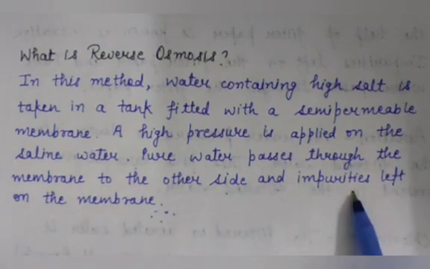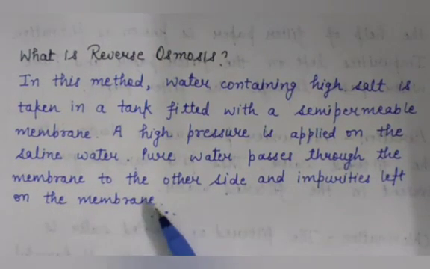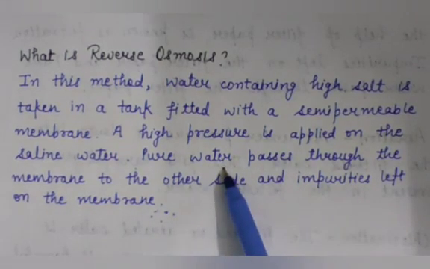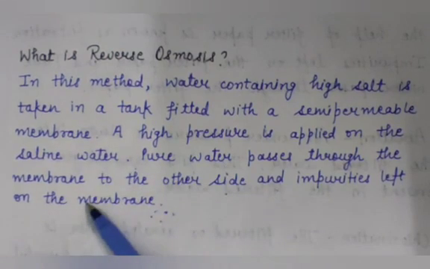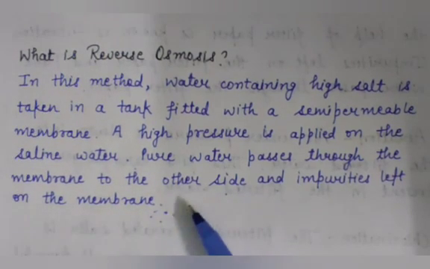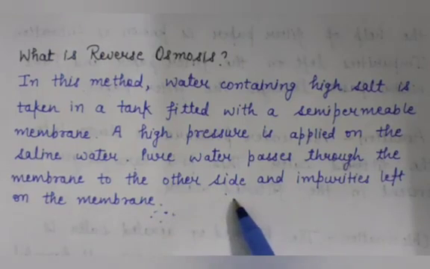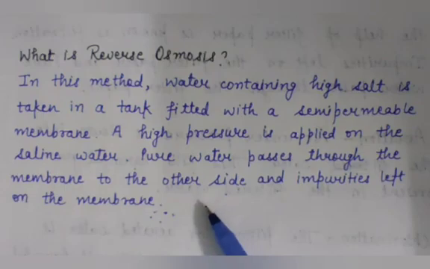That's why impurity is left on the membrane. In this way, we can separate the impurities from the water and we will get pure water. So this is how reverse osmosis works. It is a method of water purification.